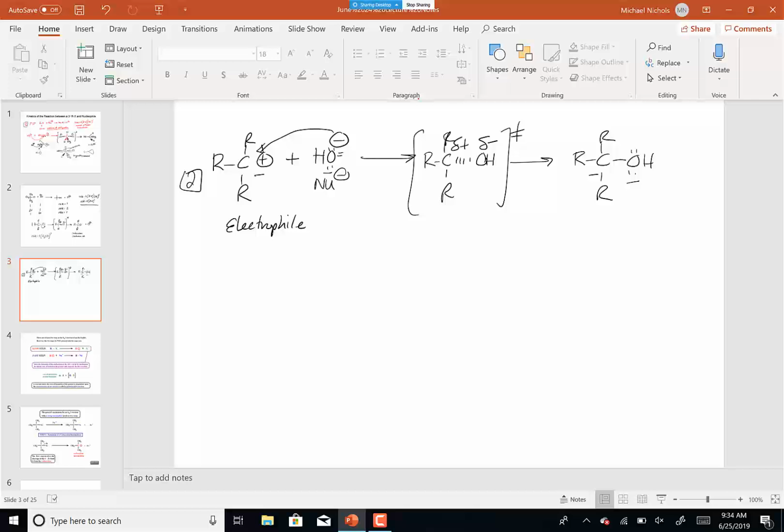So what would the rate equation for this mechanistic step be? It would be that the rate equals the concentration of the carbocation times the concentration of hydroxide. And stoichiometrically, it's 1 to 1.